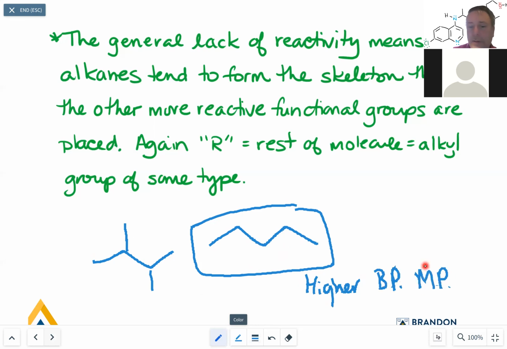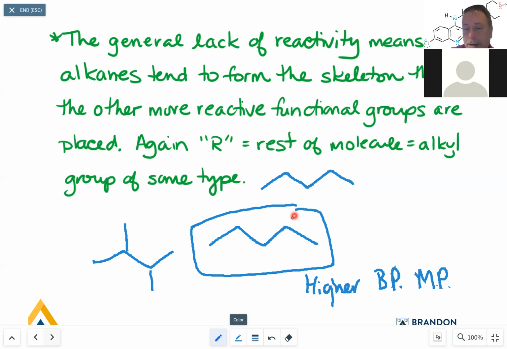It has to do with the way these compounds can pack together, because the important intermolecular forces are transient dipoles, or van der Waals forces, London forces.